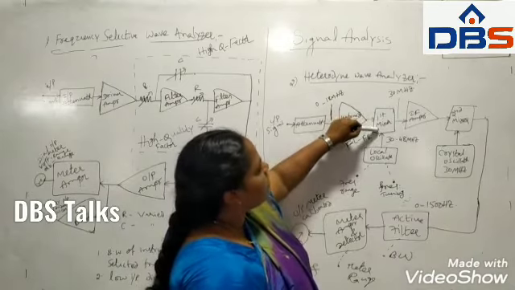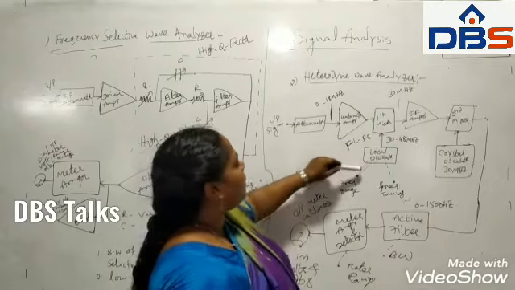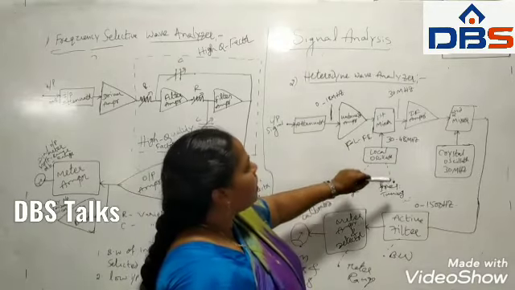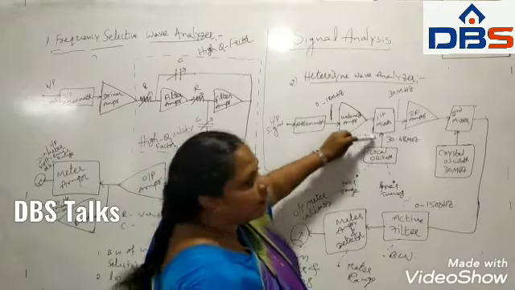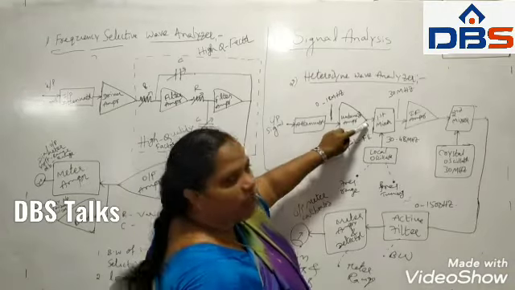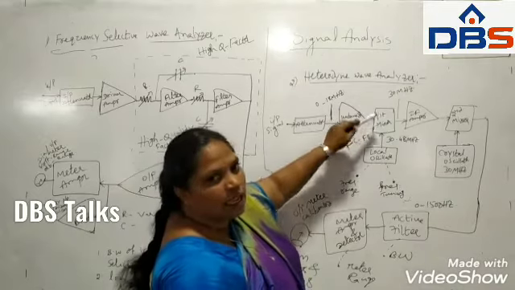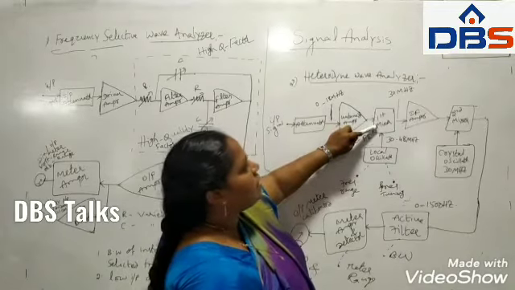The first stage mixer is connected to the local oscillator. In this local oscillator we take the frequency range of the signal, and we take the frequency tuning. So for the local oscillator, one signal is the frequency tuning signal and the other signal is from the frequency input signal. These two are mixed in the first mixer stage.